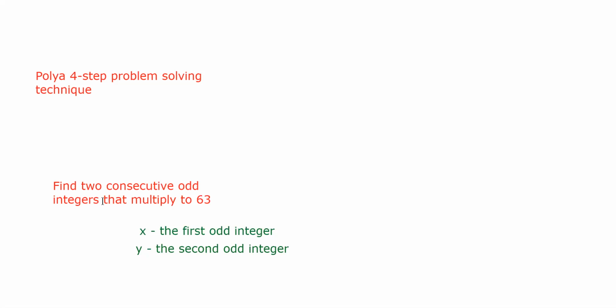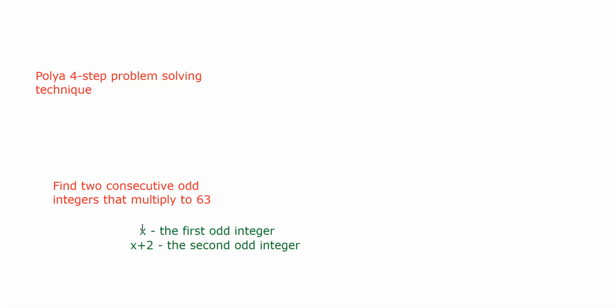So what we need to do is appeal to the information the problem has given us. Two consecutive odd integers. If they're consecutive odd integers, that would be like 9 and 11, or 11 and 13, or 13 and 15. They're 2 units apart from each other. So if I'm letting x be the first odd integer, initially I can say y will be the second one, but now I need to use the actual relationship that exists between them, and I need to say that x plus 2 is going to be the second odd integer.